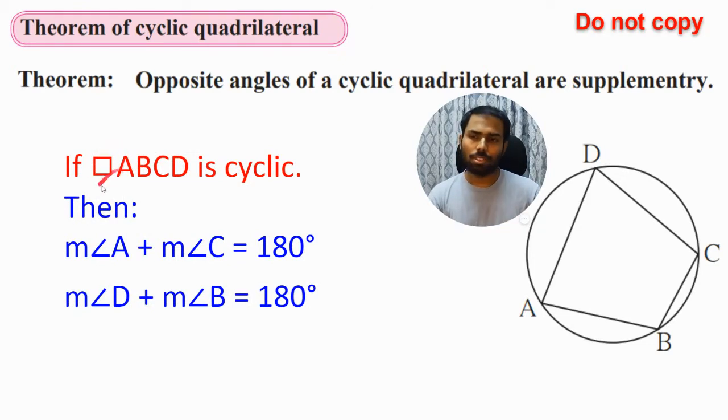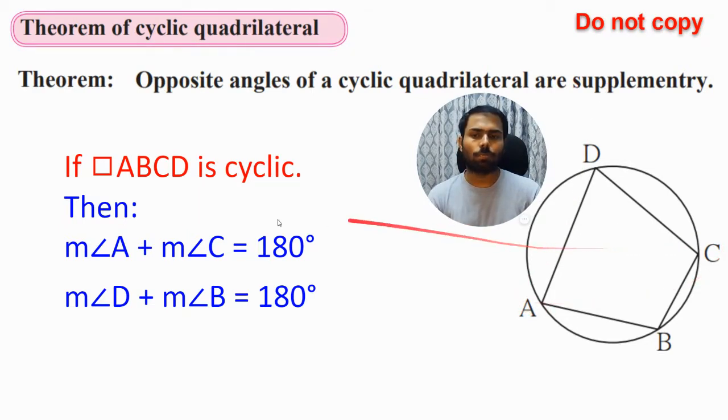What is the meaning of the symbol? ये जो box बना है, box को कैसे read करेंगे? Quadrilateral. इसको box ABCD नहीं बोलेंगे, आप इसको square ABCD नहीं बोलेंगे, इसे quadrilateral ABCD. Okay, so अगर ये quadrilateral cyclic है, यानी चारों के चारों corner points same circle पे आए होते हैं, so if quadrilateral ABCD is cyclic, तो क्या होने वाला है? Opposite angles will be supplementary, यानी दोनों को add करके 180 आएगा. So opposite angles कौन से?